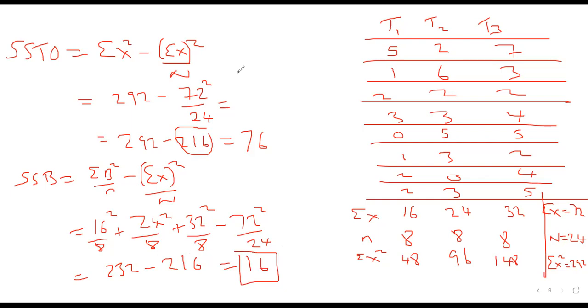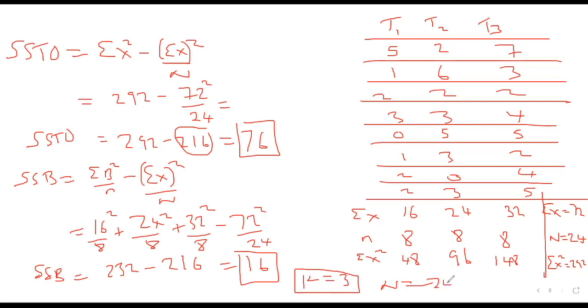All right. So now this is the sum of squares total, and the sum of squares between. And what is our k? Our k is 3. Our n is 24. Now, actively participate here.